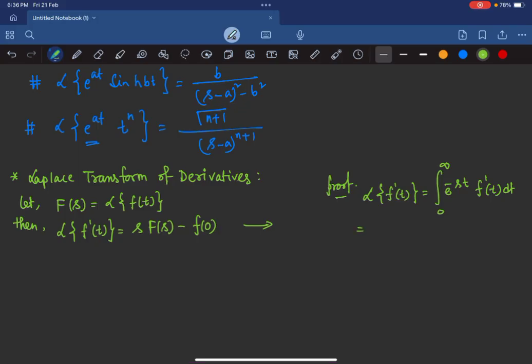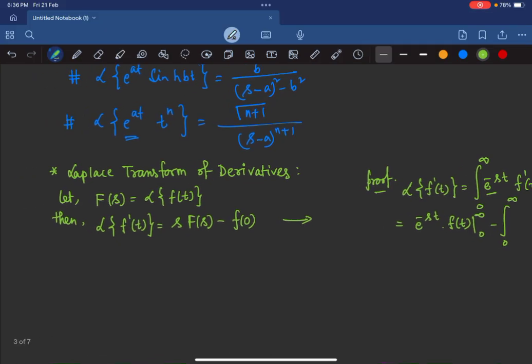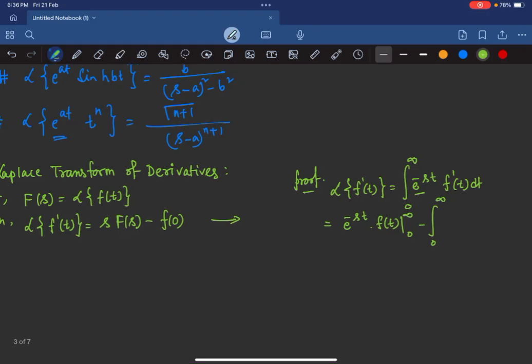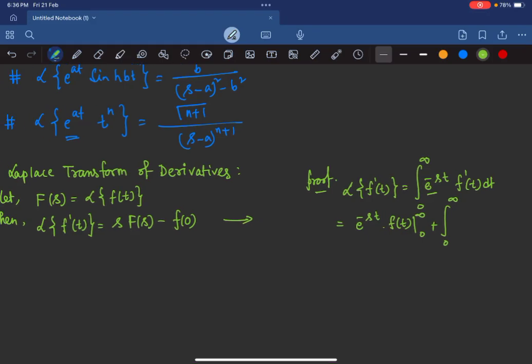Okay, now see here, if you apply integration by parts, immediately you will get e power minus st into integration of f dash t, that will become f(t), with the limit infinity to 0, minus integral 0 to infinity derivative of this term, which will give you minus s times e power minus st, minus minus here you have plus, so s e power minus st, and integration of f dash, this term will give you f(t) dt.